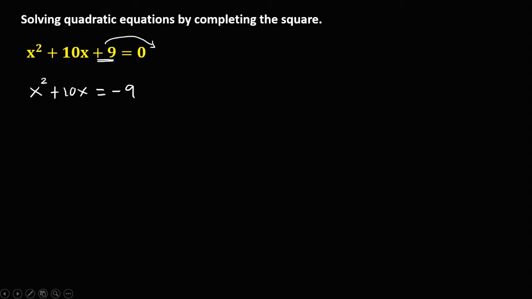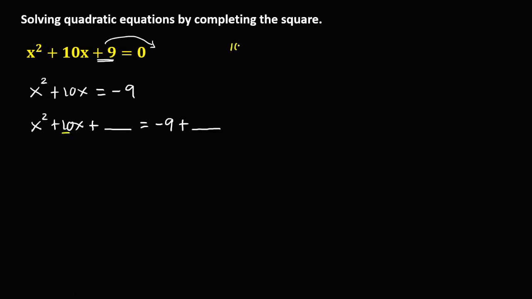Then apply completing the square. So we have x squared plus 10x plus a number equals negative 9 plus a number. Then to find this unknown number, we just need to take the coefficient of x.